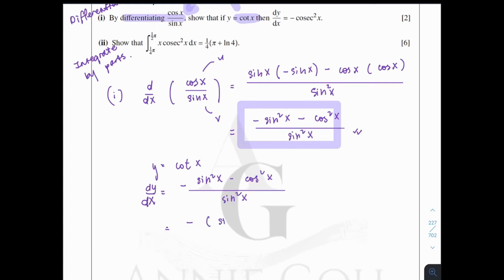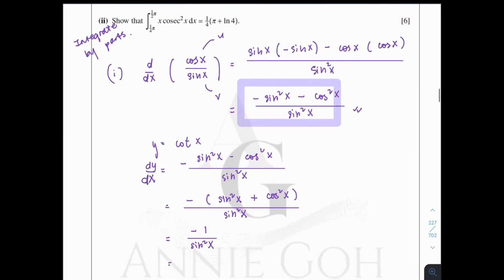We will get sin square x plus cos square x in the bracket over sin square x, and sin square x plus cos square x is actually equal to 1, so it's left with negative 1 over sin square x, which is equivalent to negative cosecant square x. That's how we show part 1.